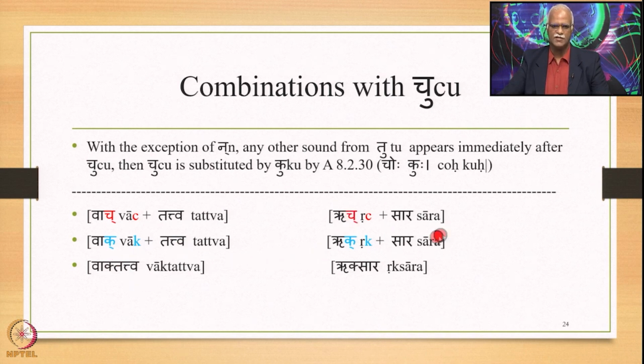Similarly, ruch plus sara, and cha is substituted by ka by choh kuh, so we get ruk sara and ruksara. So, in these combinations, choh kuh will play an important role, and remember choh kuh is 8230, which comes earlier than 8440, and 8440 is asiddha to 8230.